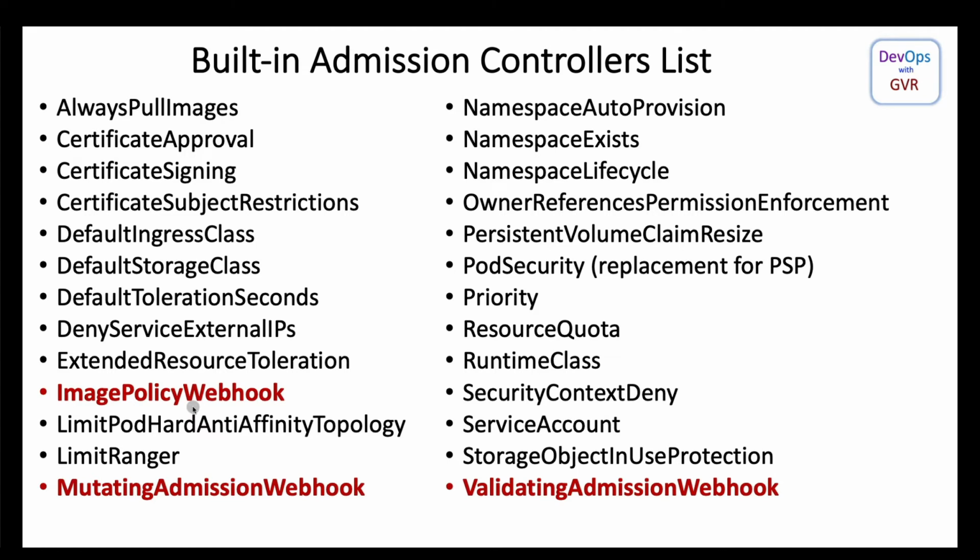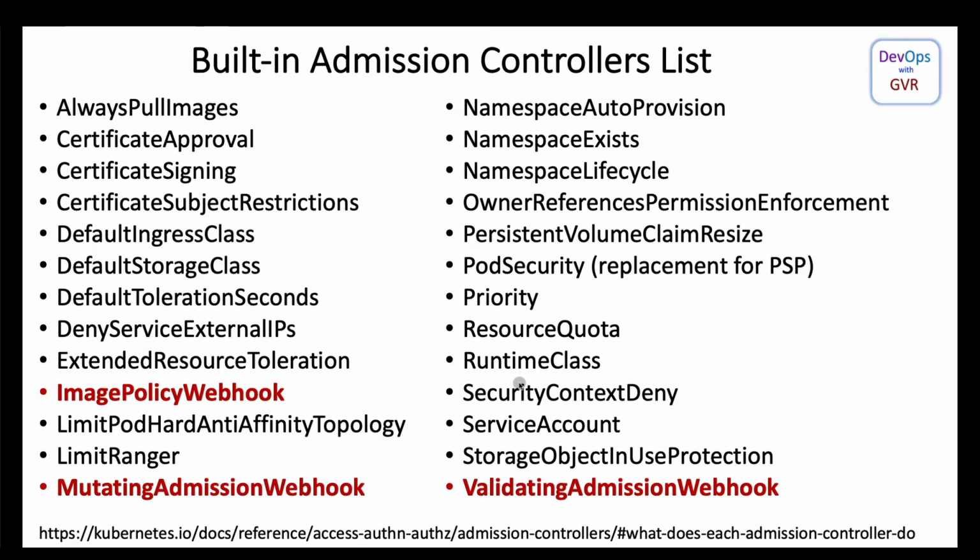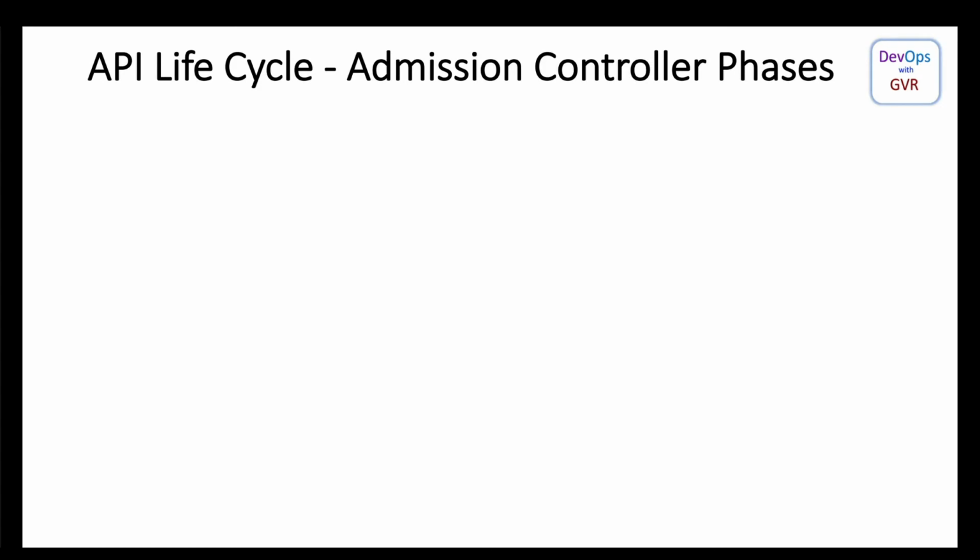Each and every admission controller has a purpose. Here, mutating admission webhook and validating admission webhook are the two major phases of admission control, whereas image policy webhook also offers to customize your admission controller. So you can deploy your own apart from all the built-in ones. Let's get into the next one.